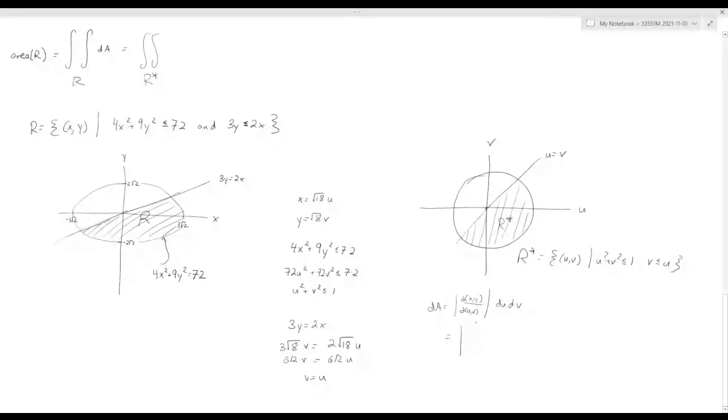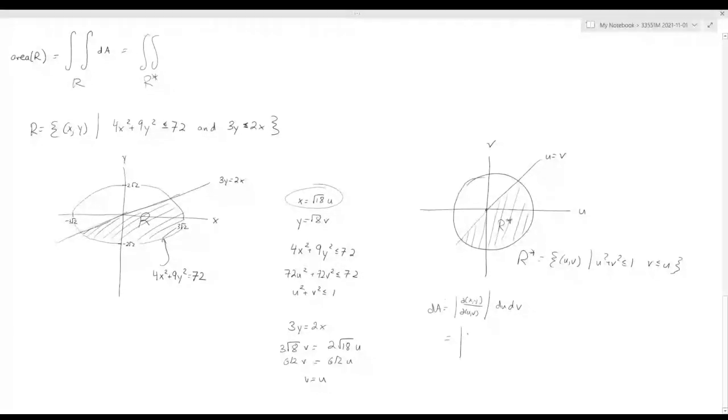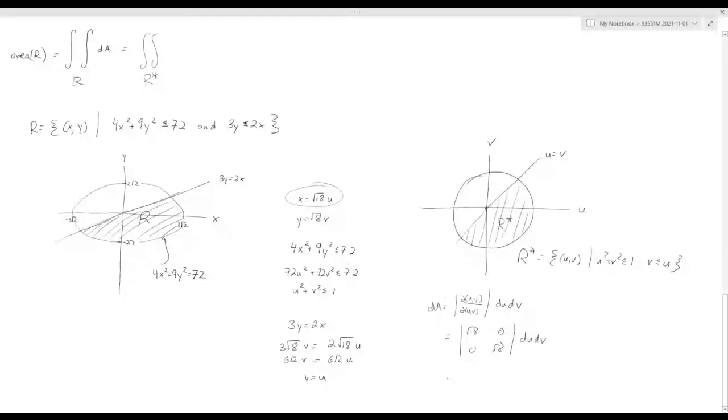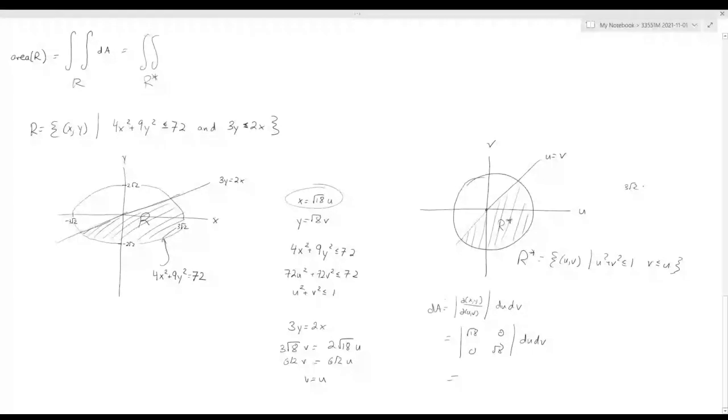The derivative of x with respect to u and v, the derivative of y with respect to u and v. So this just becomes square root, so 3, 2, 6, 12.